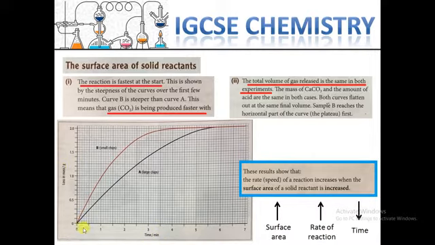While the time is passing, in minutes, 1 minute, 2 minutes, 3 minutes, 4 minutes, we can see that sample B loses mass quicker than sample A. For example, at minute 1, if we go up here, the point for sample A is lower than sample B. That means B loses more mass than A.